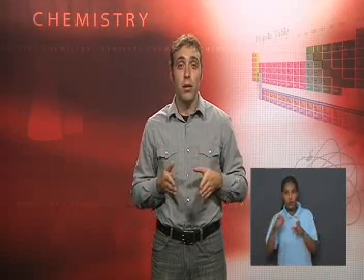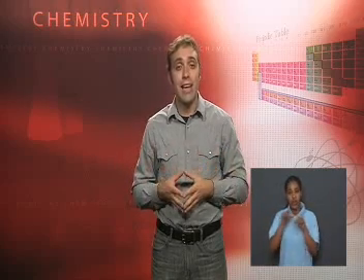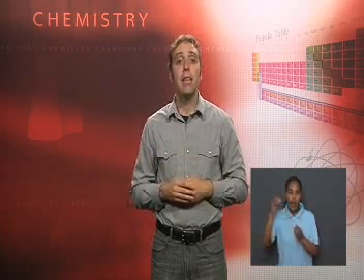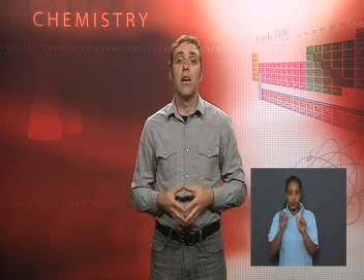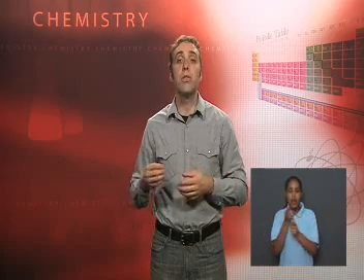Each electrode attracts ions that have a charge opposite to their own. Thus, the positively charged ions, or cations, move towards the electron-adding cathode, and the negatively charged ions, or anions, are attracted to the electron-removing anode.